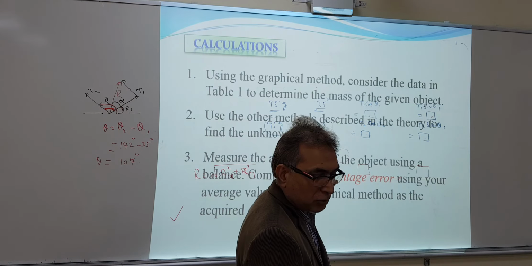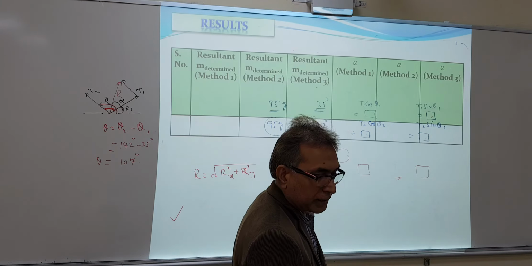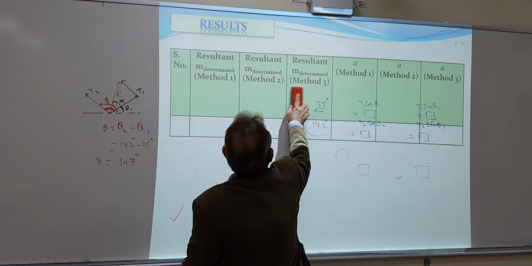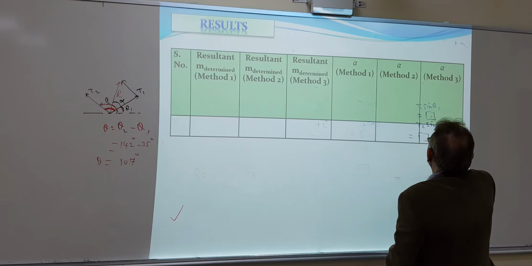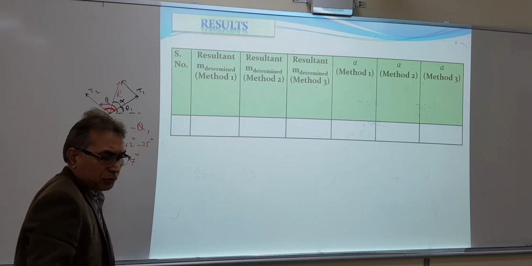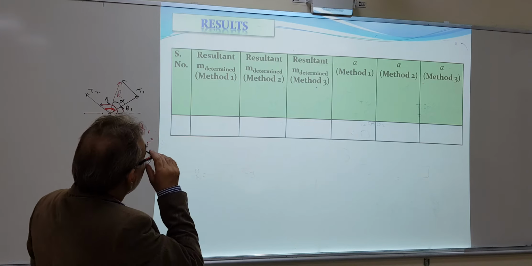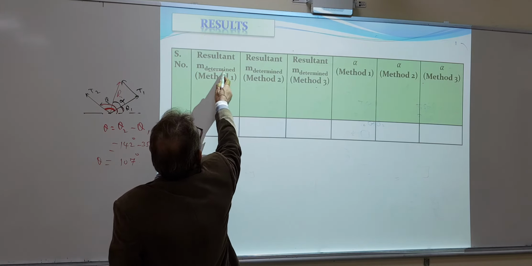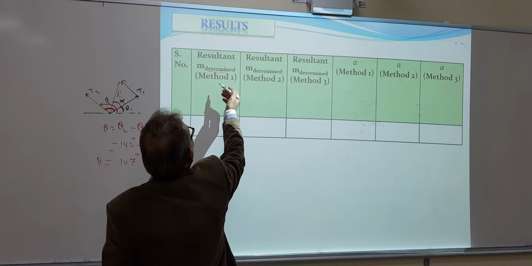Okay, then finally you will find the percentage error. This is what you have to fill. Actually, you have the information one time, so you will do a little calculation or use the same information. Now, this is the resultant that you calculate. This is your experimental value.